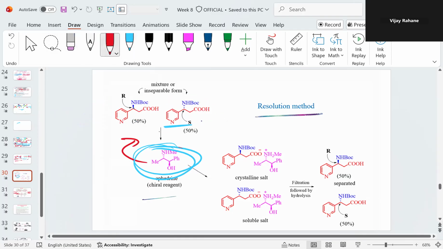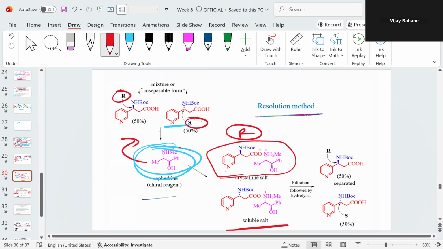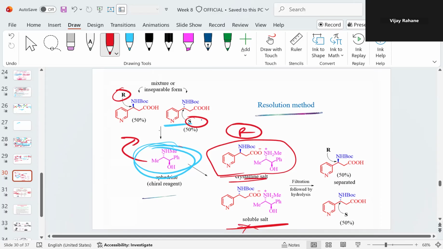However, these two products have different physical natures. In this case, I labeled it directly as the R isomer. With the R isomer, it forms a crystalline salt. However, with the S isomer, it doesn't form a crystalline salt, so this salt is soluble.